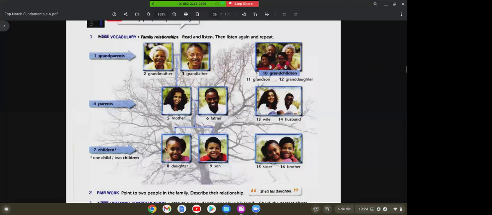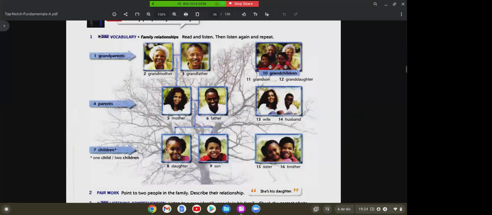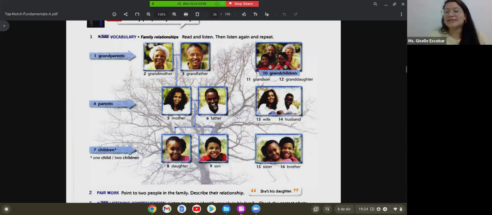Sería como he is his son. Yo mencioné la 8 y el 6. Ah, la 8 y el 6. Ah, escuché la 9 con la 5. No, 8 and 6. She, ella, is his daughter.